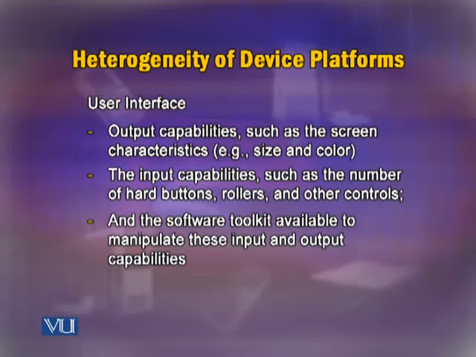User interface is described by how you would give input to the device and how you will see the output from the device. That is the presentation of your application. Devices, as we discussed earlier, differ in this regard.